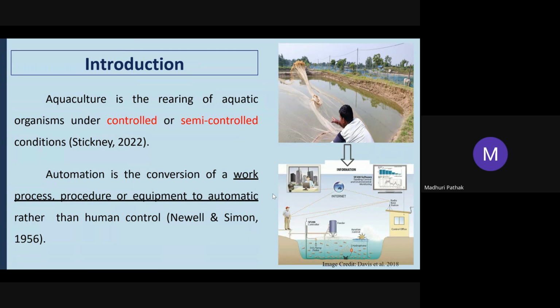Automation is the conversion of our work, process, procedure, or equipment to automatic rather than human control. Before, the normal practice of feeding in aquaculture was broadcasting, but nowadays we are modifying our systems from manual to automatic feeders, so that all the manpower going into feeding the ponds is replaced by machines.